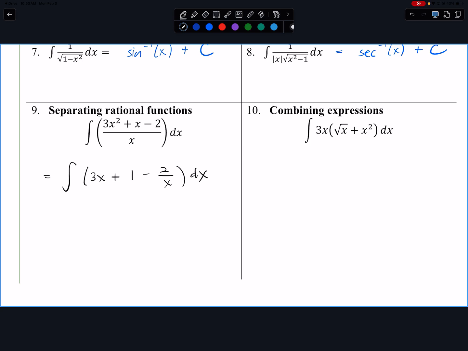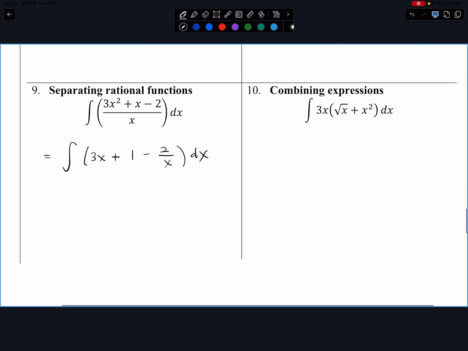Now, this becomes so much easier to deal with. This is important because you guys are going to learn something in the next section called u substitution. And when you learn that, you're going to want to do that to everything. No. We know how to do this, right? You guys don't even know what u substitution is, but do we have to use it here? No. So just be careful. All right.